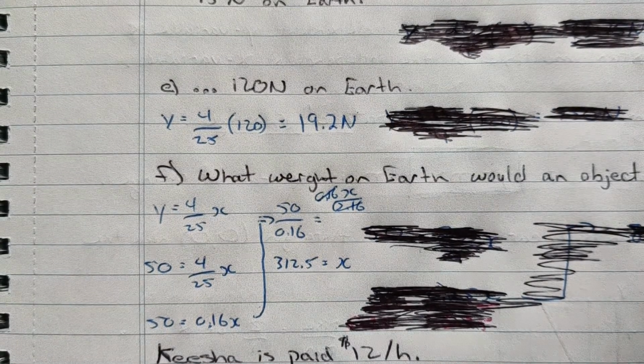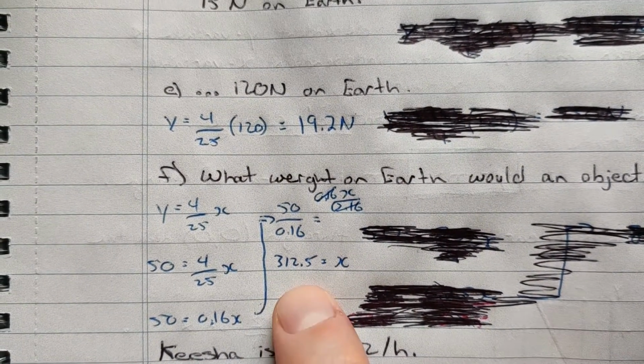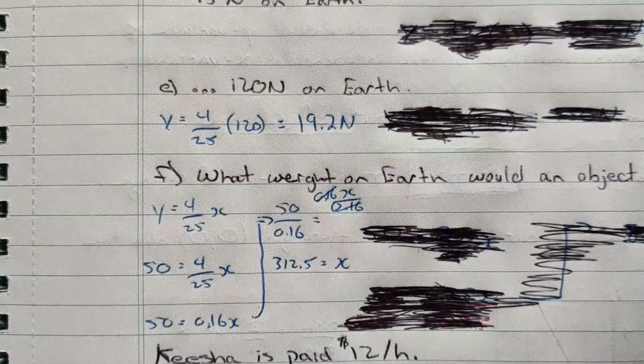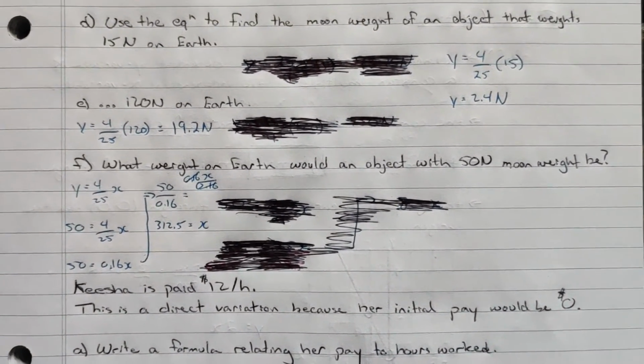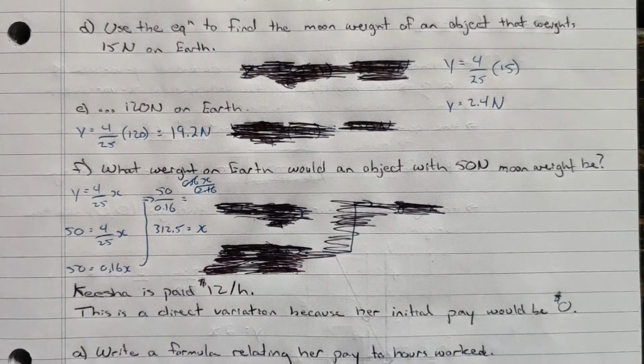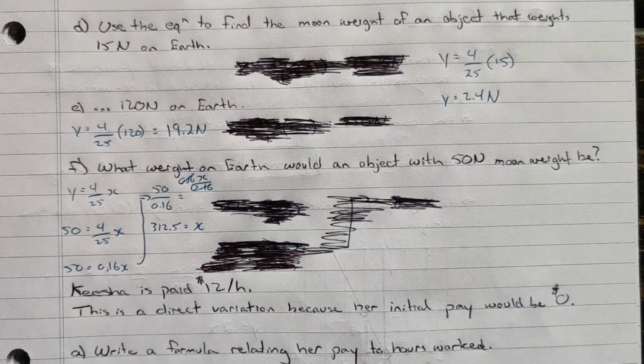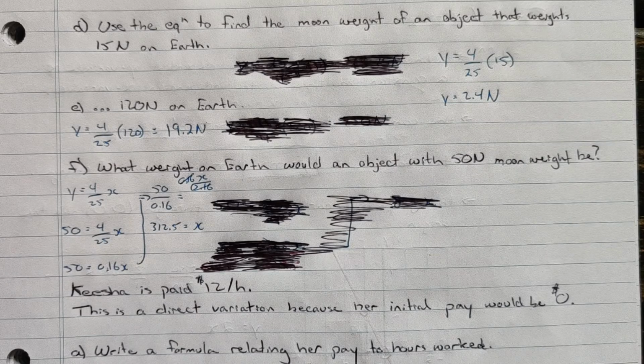So that would be the number of newtons that something 50 newtons on the moon would weigh on Earth. And again, I apologize for making it smaller than that. It's just I'm running in a room as I, again, wrote the completely wrong numbers in the previous situation.